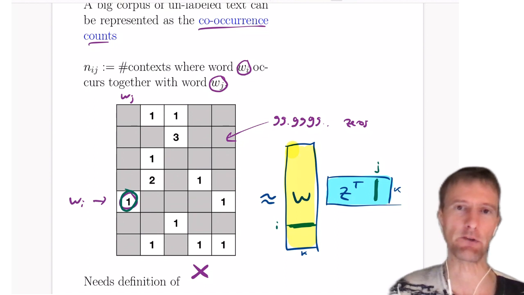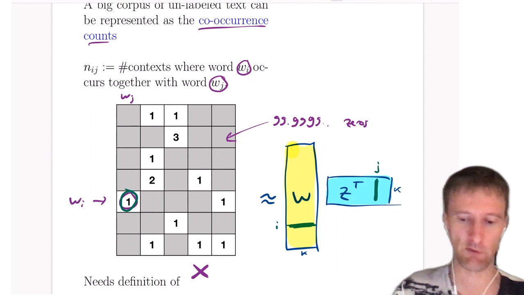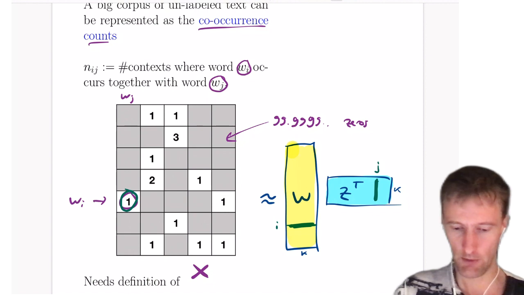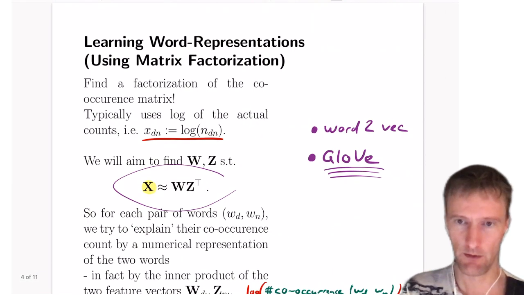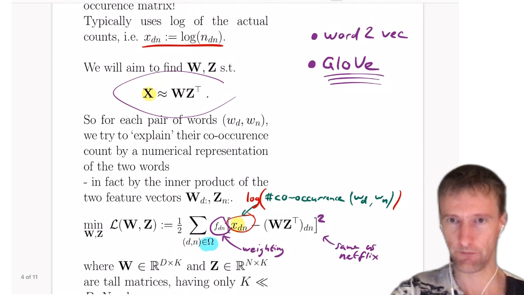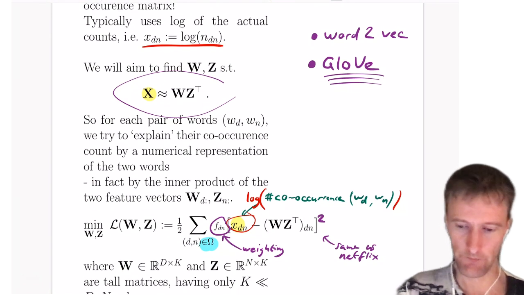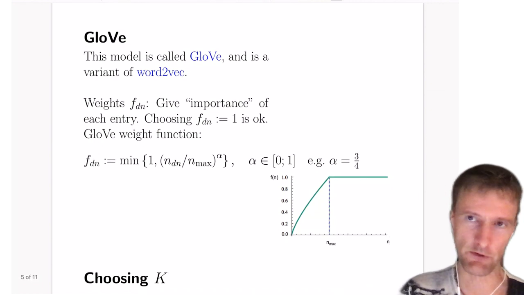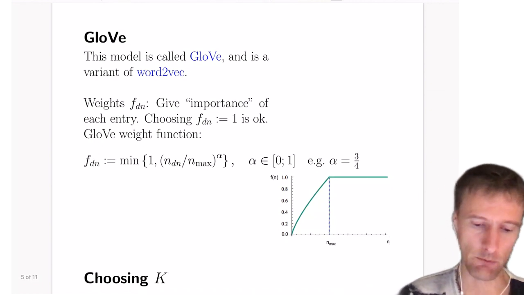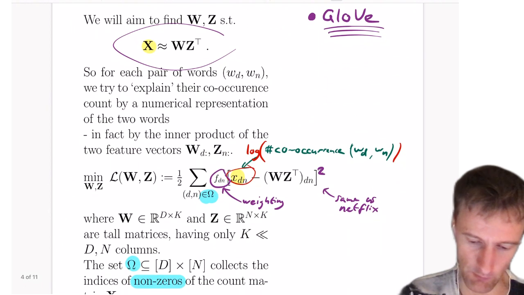This is actually a very nice task for MapReduce, if you're familiar with that. Build this matrix and then factorize it. So that's how this works, and this is the whole method. The only thing I didn't tell you yet is how to choose these little weight functions, the f's in front of the squared loss.